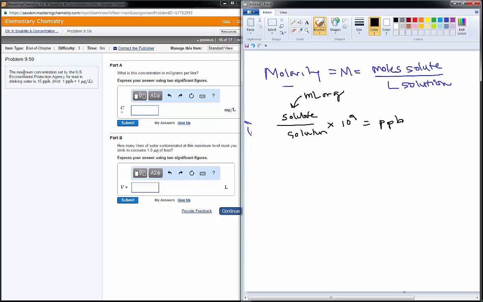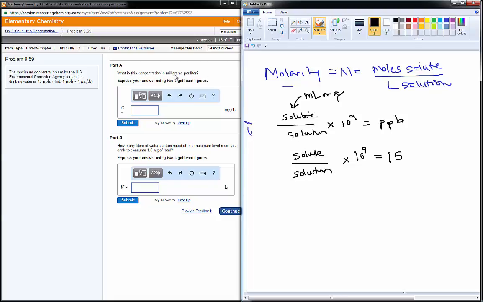So we've got maximum concentration in the EPA for lead is 15 parts per billion. So 15 parts per billion equals 10 to the 9th multiplied by concentration here. That is the amount of solute divided by solution.